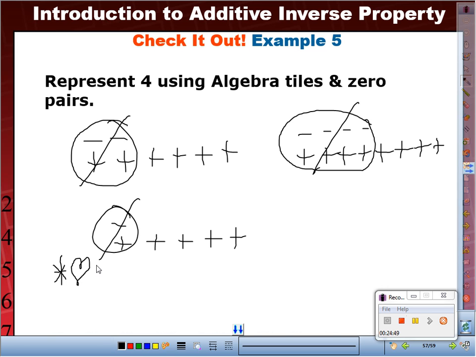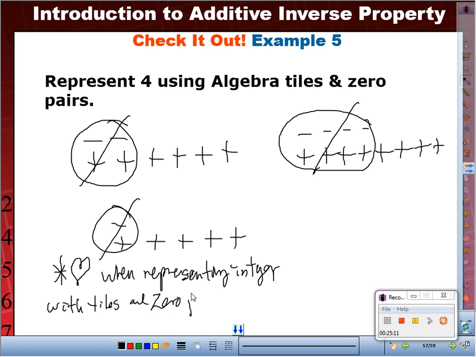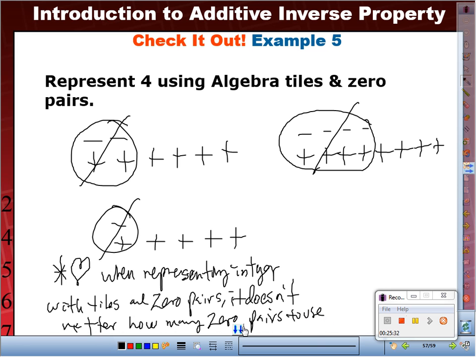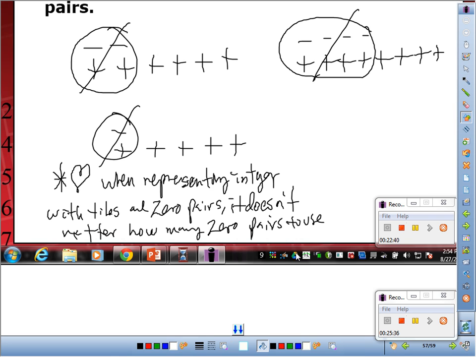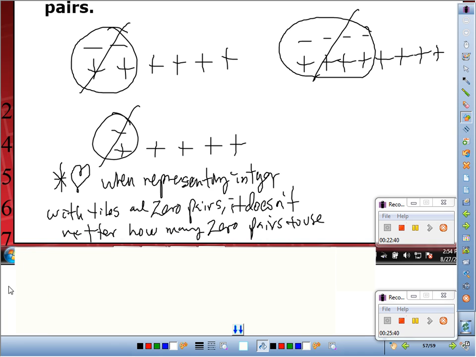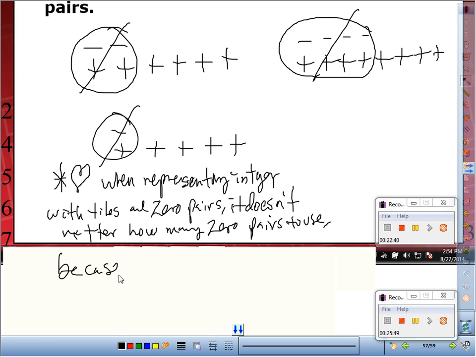To remember, you're going to write: when representing integers with tiles and zero pairs, it doesn't matter how many zero pairs to use, because blank.